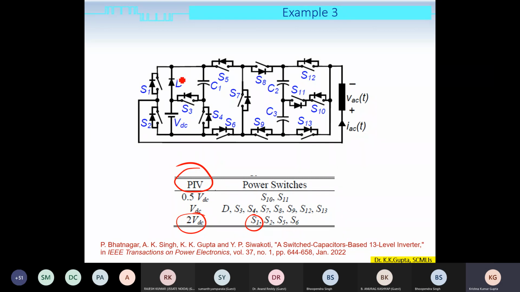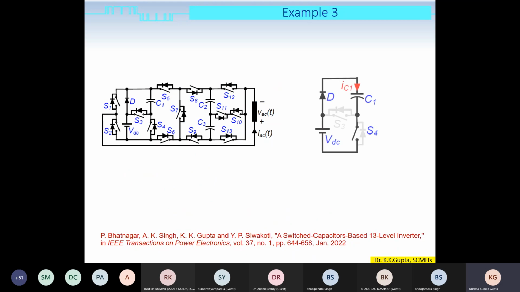Okay, but we should remember that the output voltage has a peak value of 3 VDC, and you are able to obtain this value by employing switches with much less voltage rating. So this is the fundamental advantage of a multi-level inverter. We are using low voltage rated switches to obtain a high voltage, right? So this is how we will get the voltage ratings of the switches.